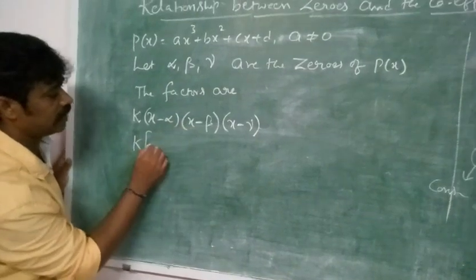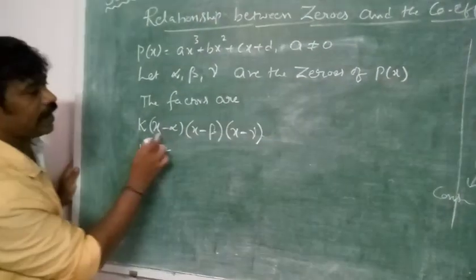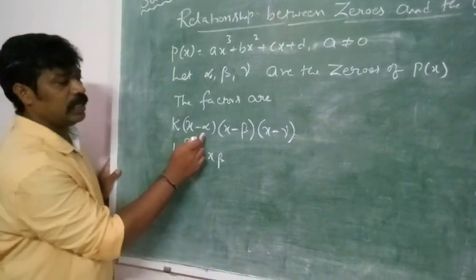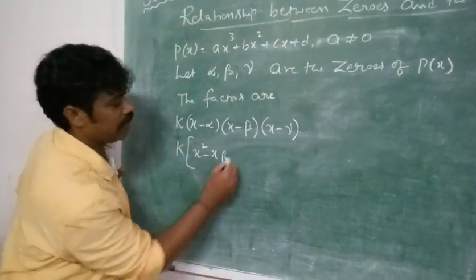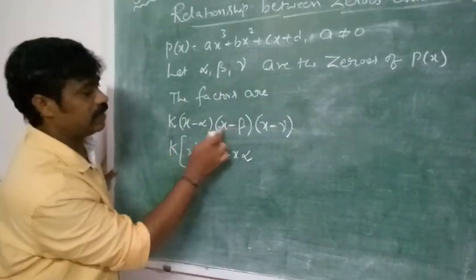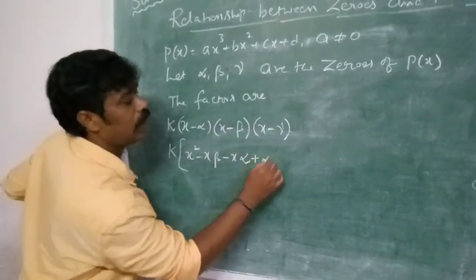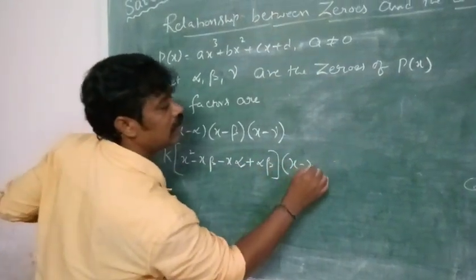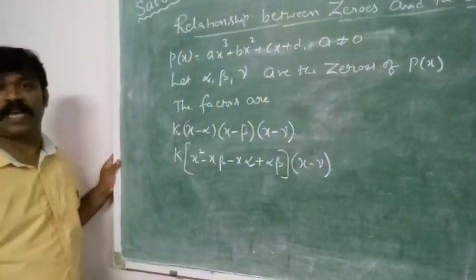So x into x is x square, again x into minus beta is minus x beta, then take this one, minus alpha into x is minus x alpha, minus into minus is plus alpha into beta, alpha beta. Then after that we have another factor, x minus gamma.